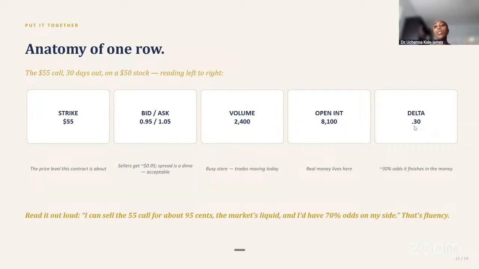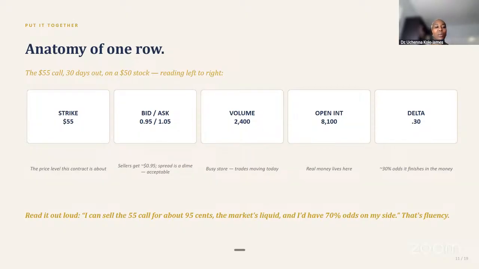So if I'm doing a 30 delta as a buyer, that stock better move because I need it to be in the money by expiration. As a seller, I'm good because now I have a 30% chance of it actually getting in the money, which is a 70% chance of it staying out of the money.